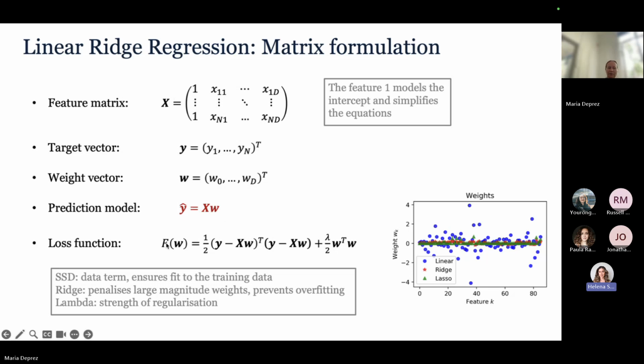And then the loss function can also be written with matrices. When we have the sum of square errors, if you put them into a matrix, then we do the matrix transpose times the matrix, and if you calculate it, it will give you the sum of square errors. And the same for the weights, that was the sum of squares. So if we do W transpose W, it exactly gives you the sum of squares of the W's. This W is a vector, right?